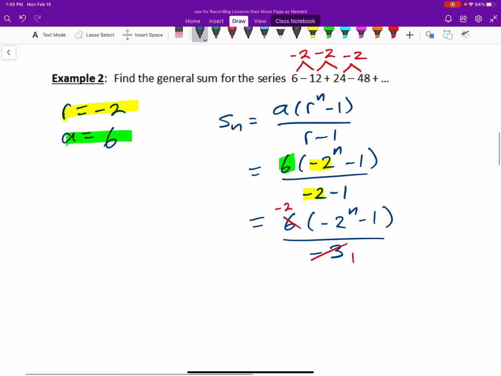So I could rewrite this as negative 2 times negative 2. I need to put this negative 2 inside brackets here. I just remembered, because the exponent won't affect it properly if the negative is not inside the brackets as well.